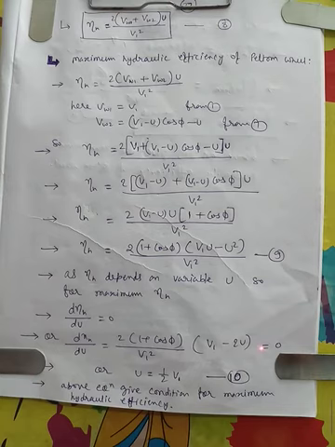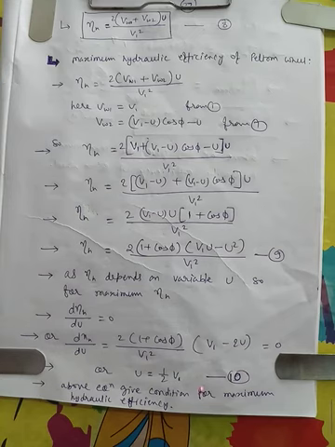By equating this with 0, we get u equal to half V1. This is the condition for maximum hydraulic efficiency of the Pelton wheel. If someone asks for the condition for maximum efficiency, the bucket velocity should be half of the jet velocity. This equation 10 gives the condition for maximum efficiency.